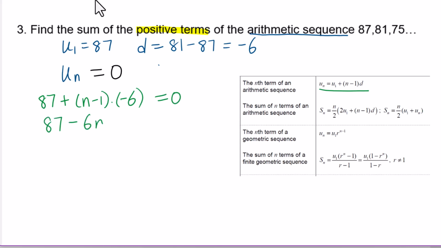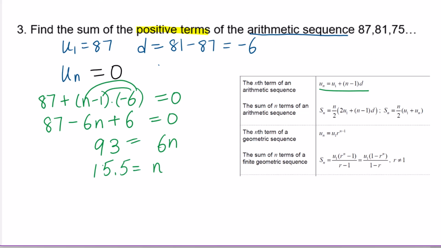87. We do distributive property. -6n plus 6 equals 0. 6n equals 93. So n equals 15.5.